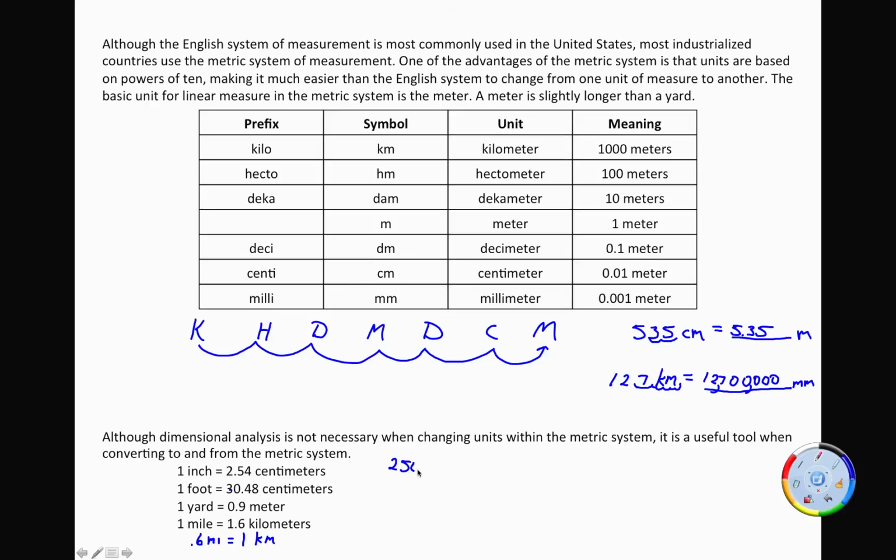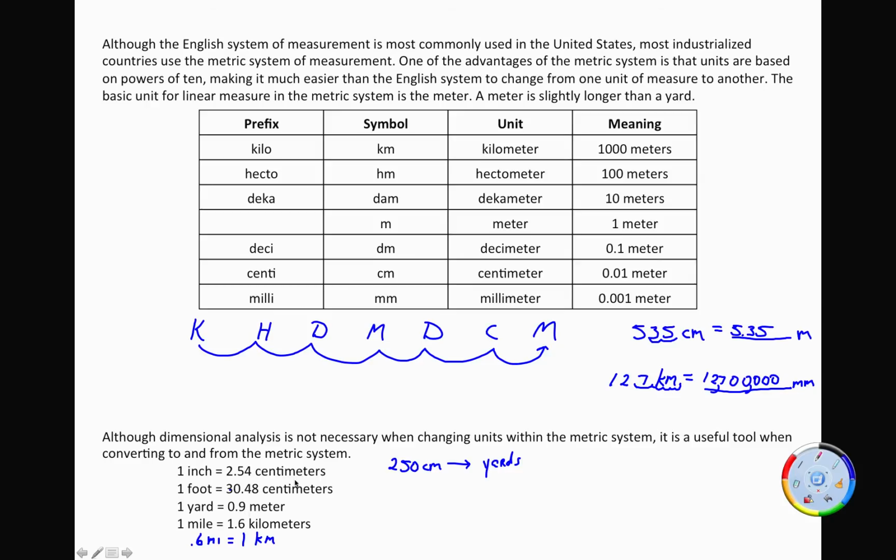Okay, so if I needed to convert 250 centimeters to yards, I've got a couple of options. I can convert my centimeters right away to inches, and then change my inches to yards. Or I can convert my centimeters to meters and then change my meters to yards.